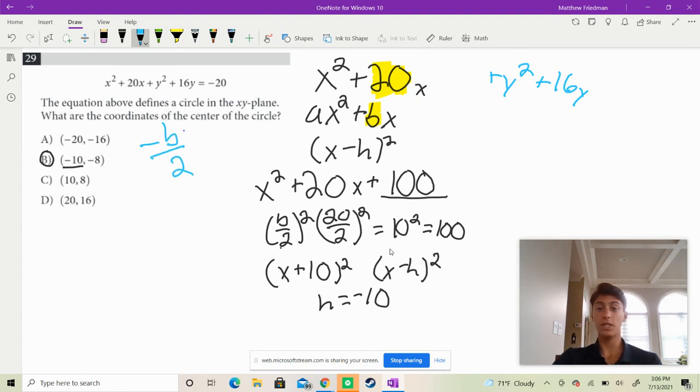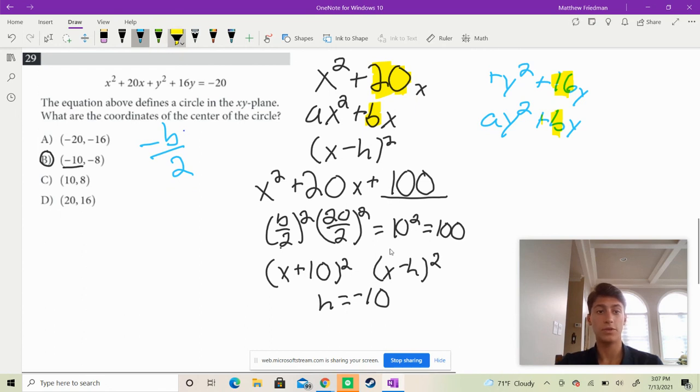So let's take a look at the y side using this shortcut since we already did the x. So what is b here? Let's just write out ay squared plus by and try and find our b. The number next to the y is 16. B equals 16.